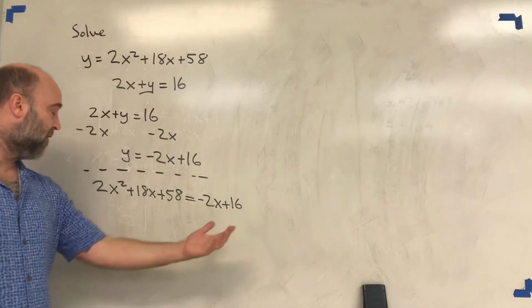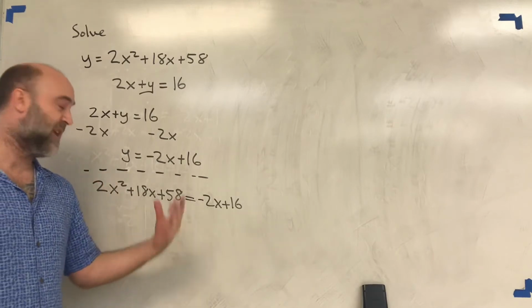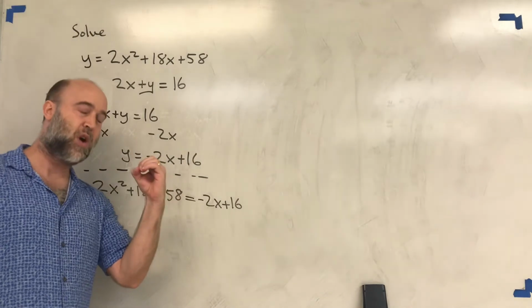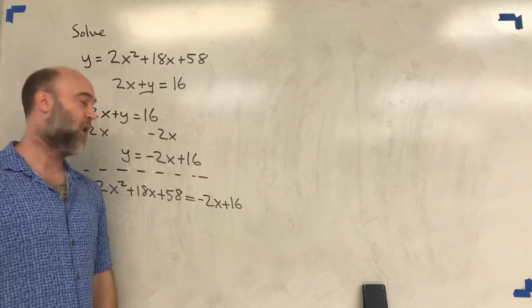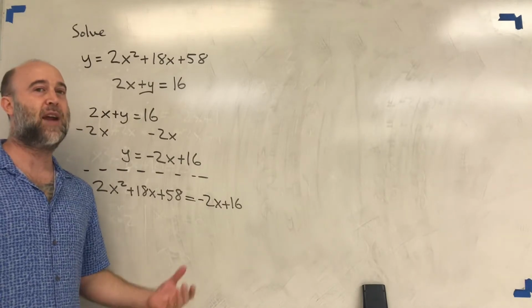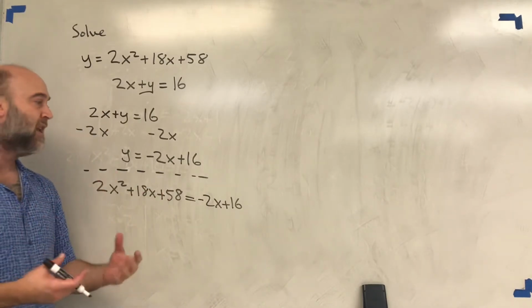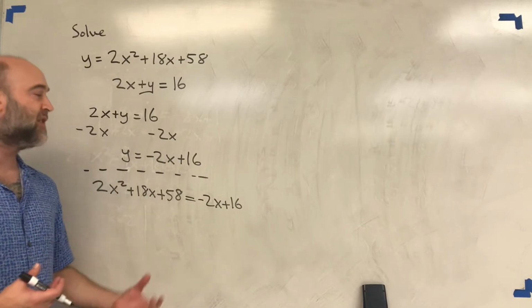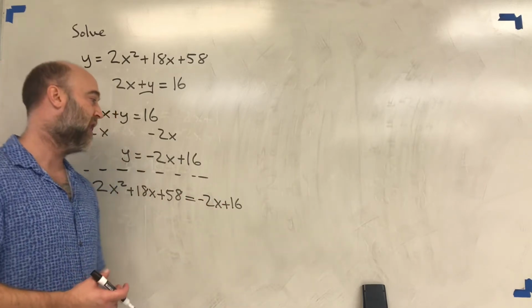Okay, so now I'm trying to solve this. I'll go ahead and move everything over to one side. We want it to equal 0, so we can use the zero product property. Whenever you have x squared as your degree, you want to make sure that everything is moved over to one side, so you're trying to factor it or use the quadratic formula. Both of those need 0 on the other side.